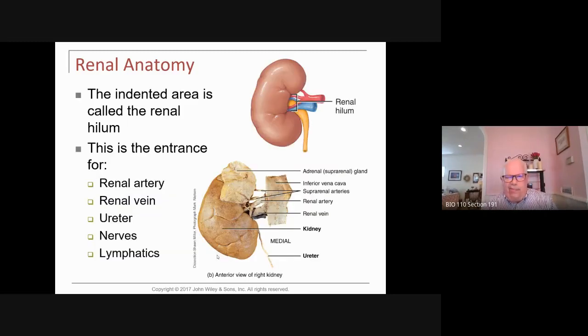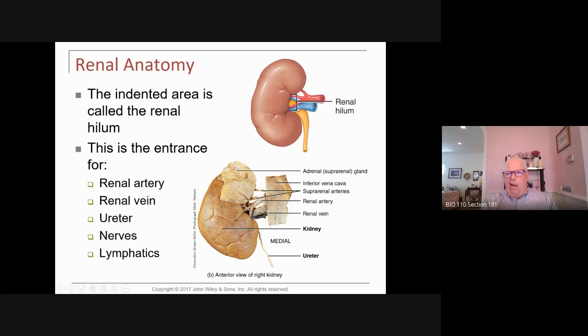So, the anatomy of the kidney. There is an indented area known as the hilum. The kidney is like a kidney bean, okay? It's like a C-shaped bean, and the hilum is in the center.